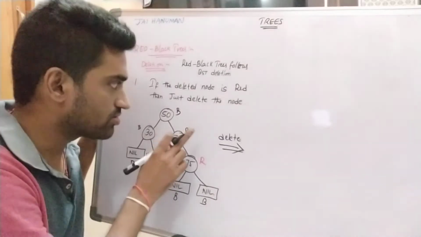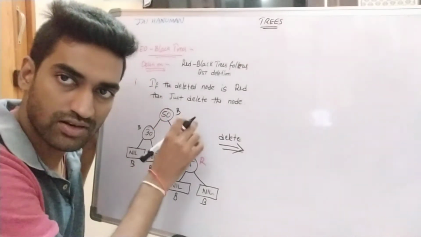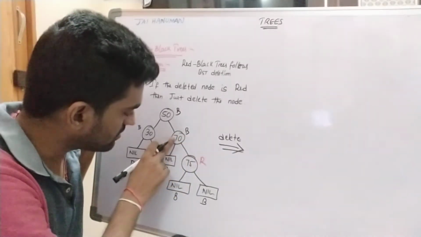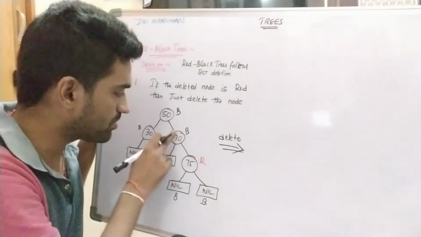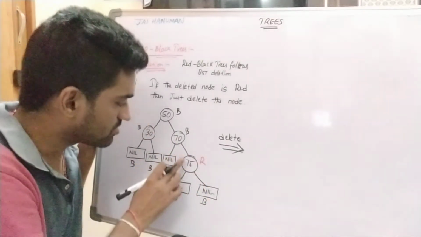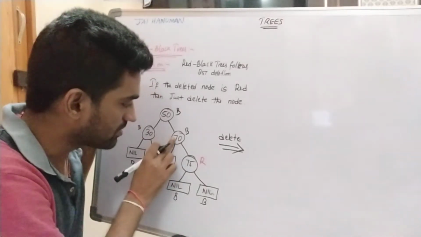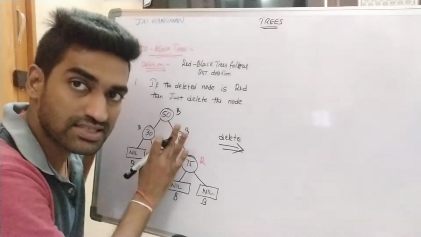Why? Because red black tree deletion also follows binary search tree deletion, right? Since it contains only one child, the child will replace the parent position, right? So here 70 is replaced by 75, but the node color is the same.